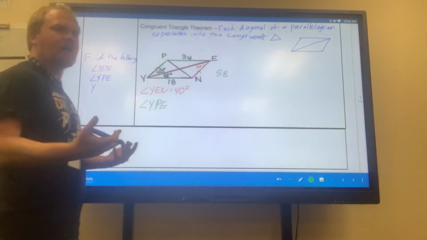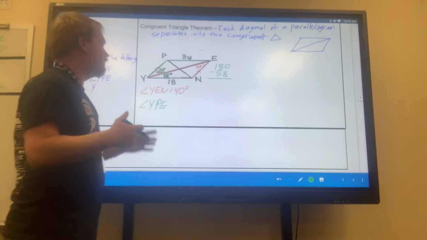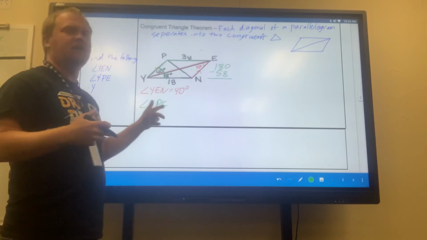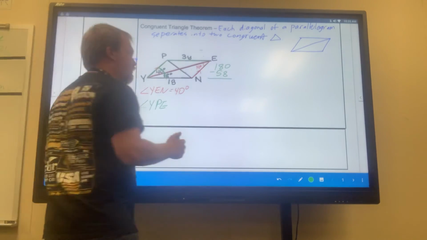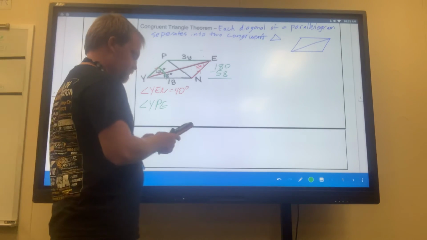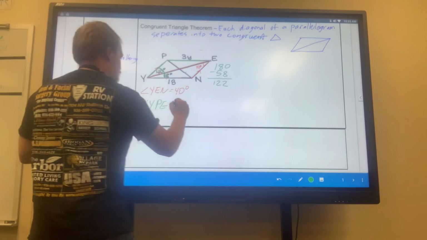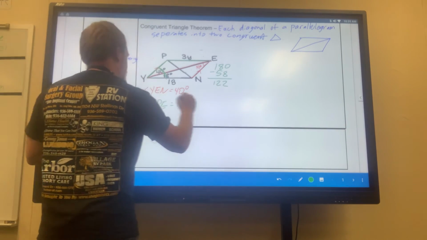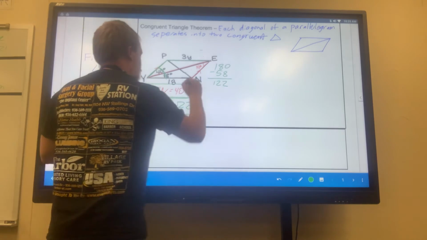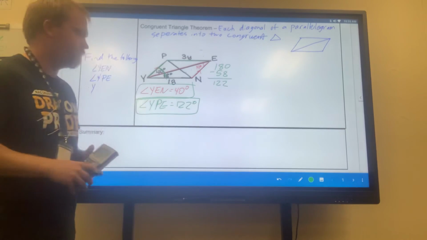Well, all I've got to do now is subtract 58 from 180 to get angle YPE. So if I subtract the difference, give me a calculator, 122. So YPE is 122 degrees.